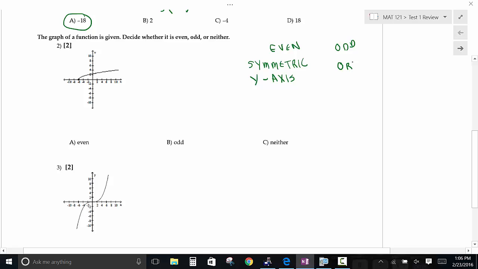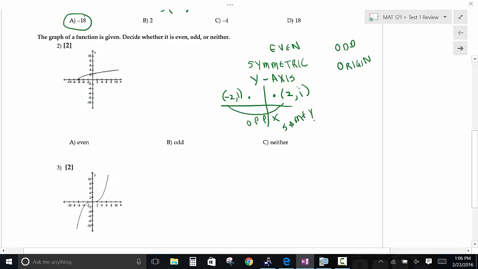The origin, good. Now, an example would be something like this, because you don't want to just memorize that, you want to understand it. Say, for instance, you had a point, say this is the point 2, 1. Then the point over here would be what? Negative 2, 1. So for even functions, if you have an opposite x, you have the same y.